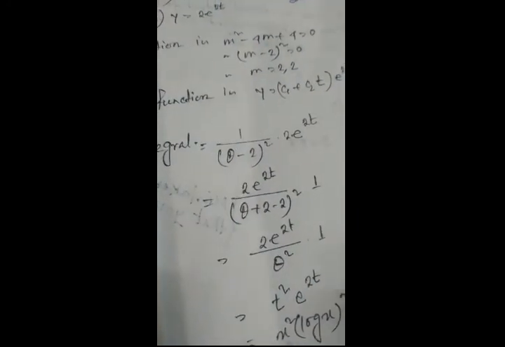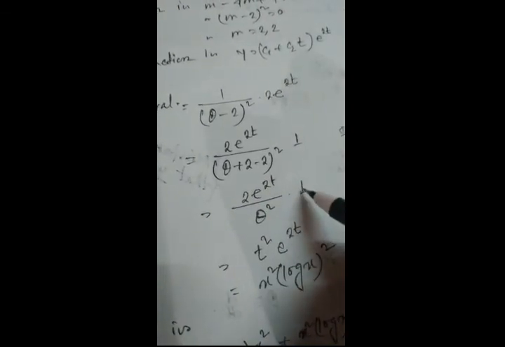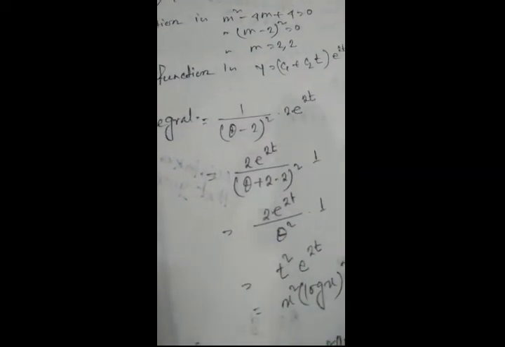Now here theta square means we have to integrate 2 times. Here f of t is 1, so the first integration of dt gives t, and after the second integration this will be half of t square. Since there is a 2, that will cancel out, so we get t square into e to the power 2t.